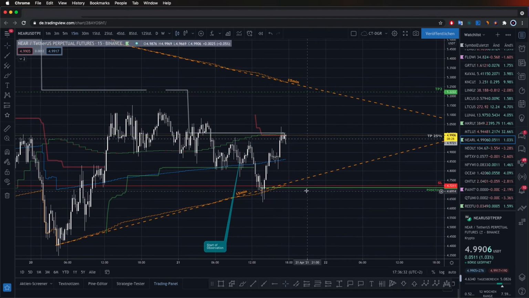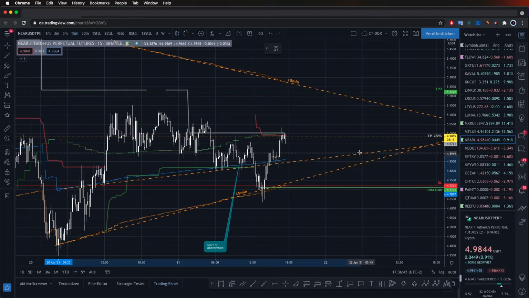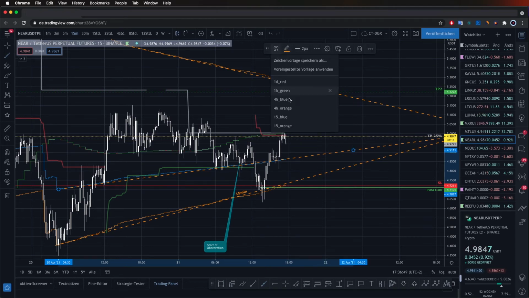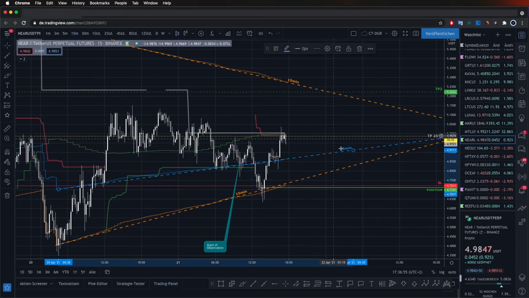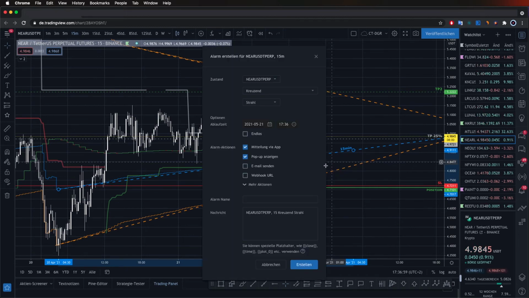And the stop loss, I will still let it there, just to give it some room. But I will also put me a line here for the 50-50. And we'll give this an alarm, just to see if the price will cross it again.